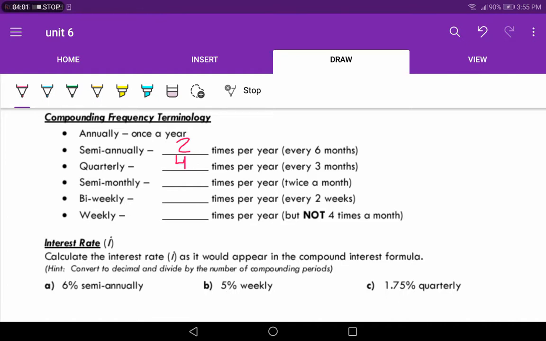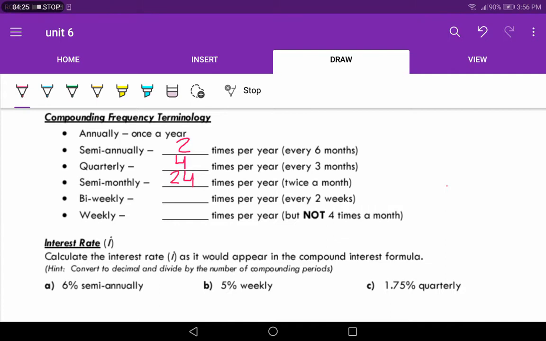That's what that means. So the only thing we've looked at so far is annually, which just means that it's only being compounded or added together every year. So it can be added together a lot more often than just once a year. Semi-monthly, that's 2 times a month. We have 12 months, so that's 24 times per year.